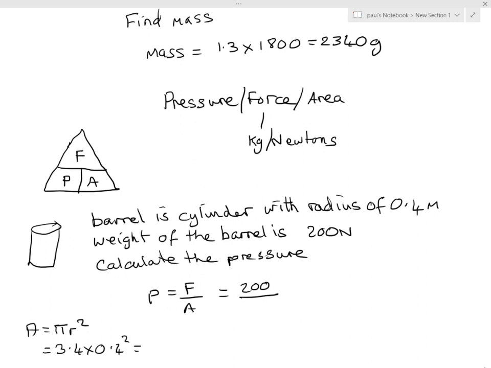Quickly zip that into the calculator. 3.14 times 0.4 squared is equal to, call it 0.5. So 200 divided by 0.5 equals 400.